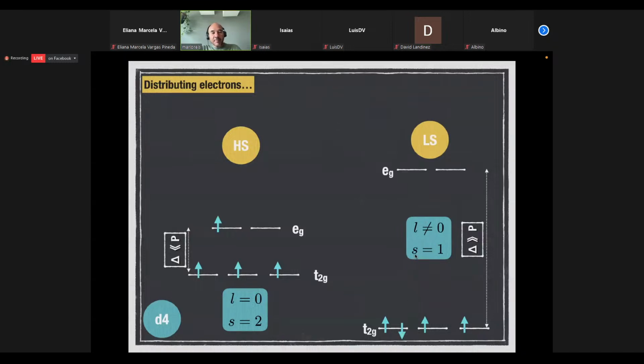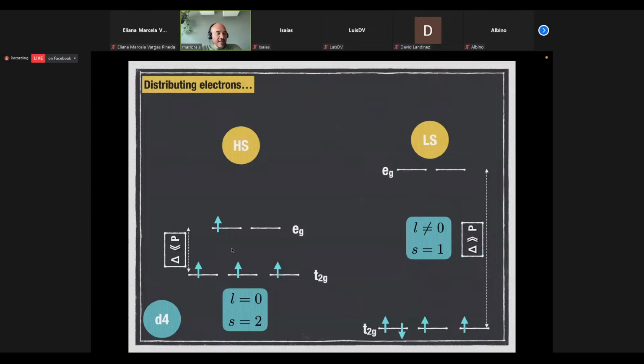The effective spin is 1. You can see here, the effective spin is 1. This is the low spin because the fourth electron goes at the bottom. The second situation is the high spin configuration. In the high spin configuration, the crystal field splitting is quite small.